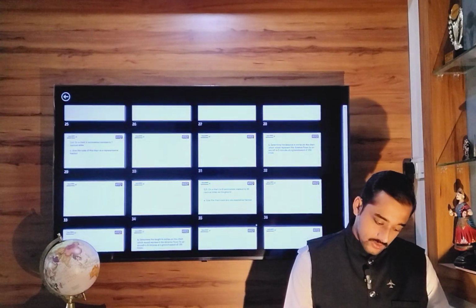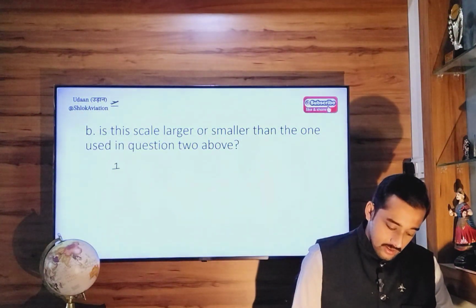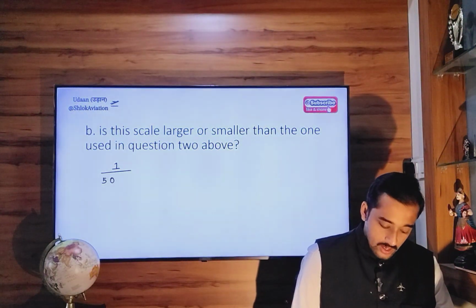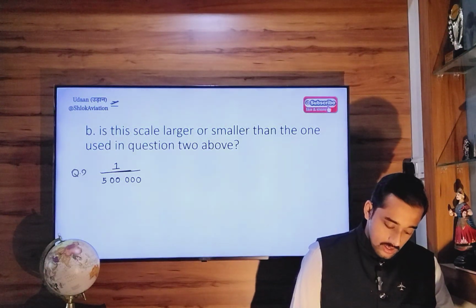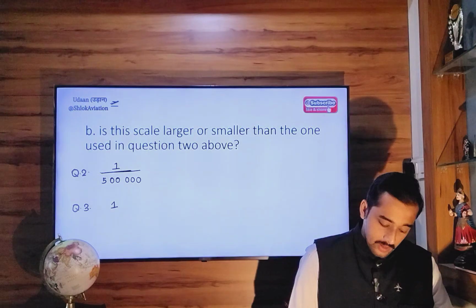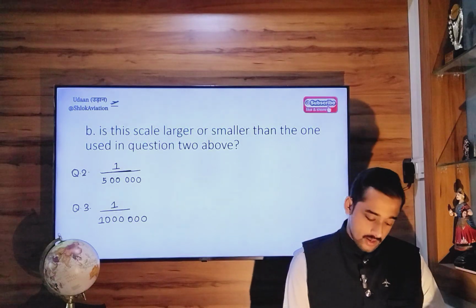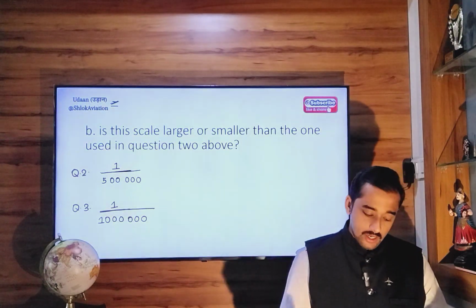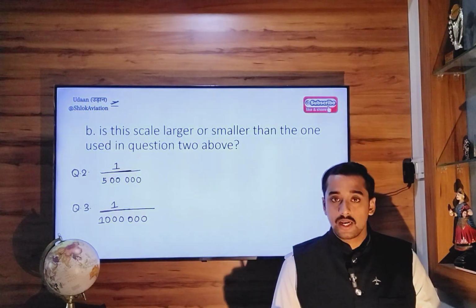In question 3, that is in this particular question, the scale was 1 divided by 10 lakh. So obviously look at the denominator. In question 2 it was 5 lakh, in question 3 it is 10 lakh.